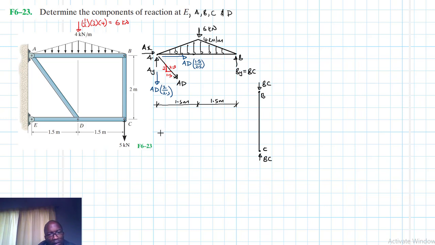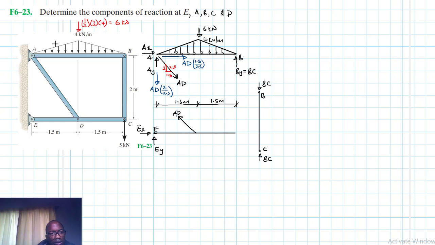And then here we have another member, and at this point, which is E, you expect a reaction force of EY and another reaction force there of EX. And then since we had assumed AD to be in tension, we expect the same direction there.